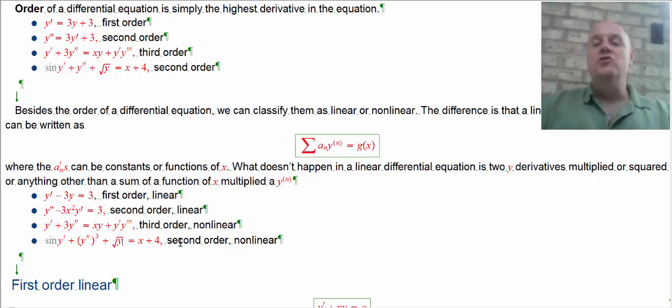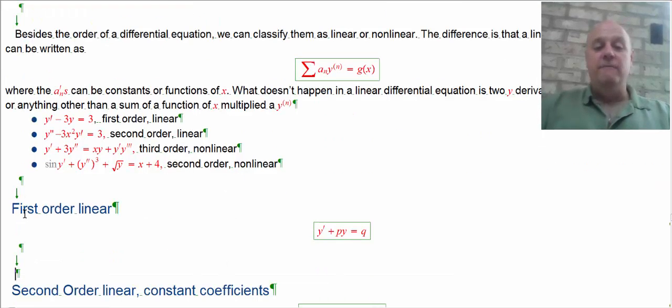Generally, linear is easier than nonlinear. Generally, first order is easier than second order, which is easier than third order, etc. Here's the general form of a first order linear equation. The highest derivative is 1, so I've got something times y prime plus something times y equals q, where p and q can be functions of x.